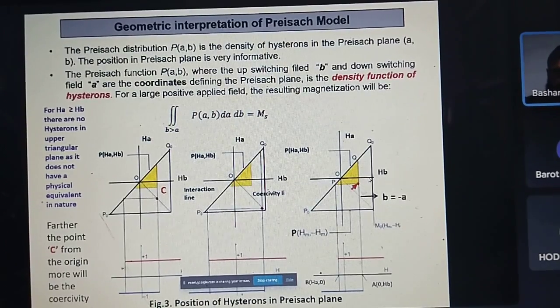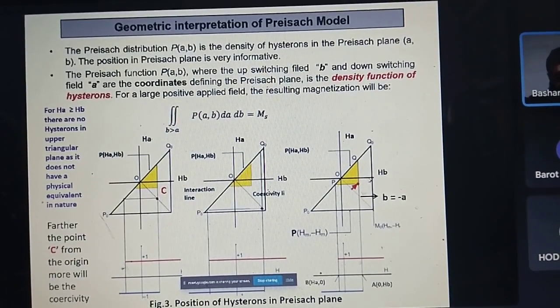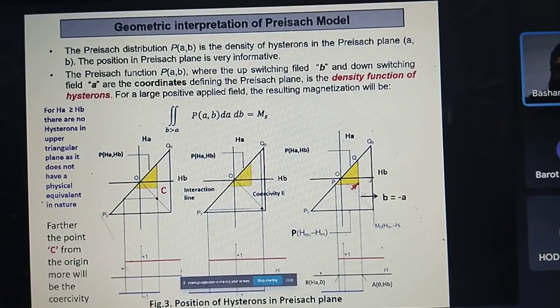So shifting of this point off the coercivity line tells us about the interaction. So this is how Preisach, way back in 1928, modeled a ferromagnetic or magnetic system comprising a large number of particles, each particle behaving as a hysteron.